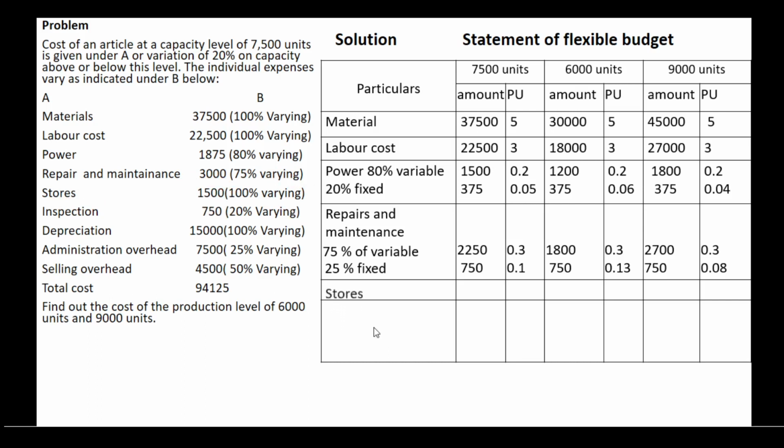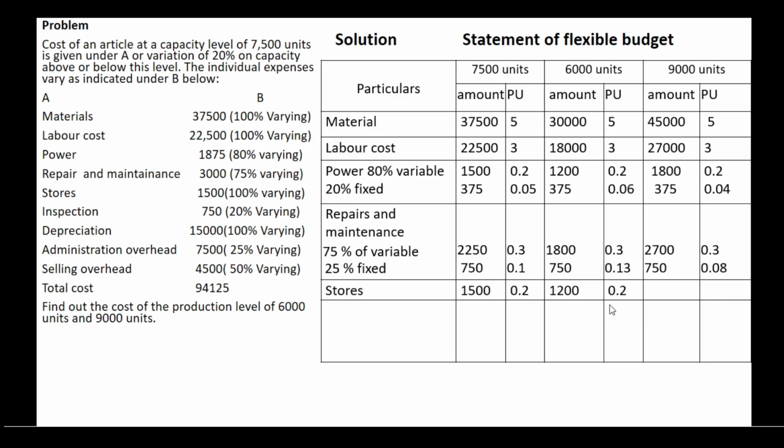So stores, the 100% is variable only. The amount is 1500. So here we calculate the cost per unit, that is 1500 divided by 7500. So the cost per unit is 0.2. So now here the cost per unit is the same in all levels, that is 0.2.